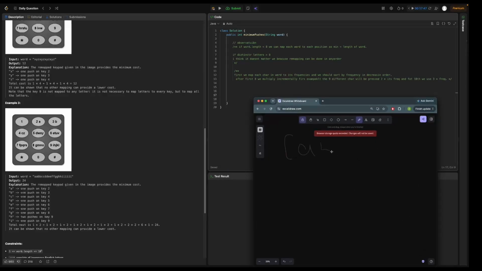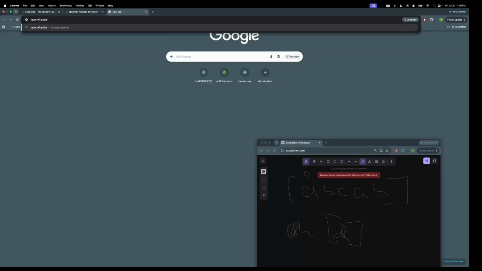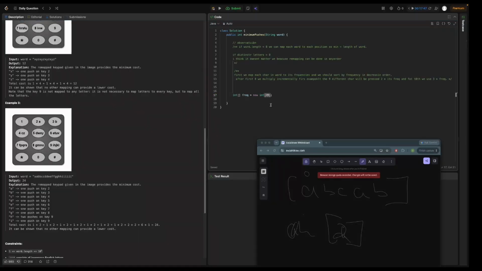By word I have A, B, C, A, B. Let's have an integer array, frequency, equals new integer array of size 26, since there are 26 letters in the alphabet.